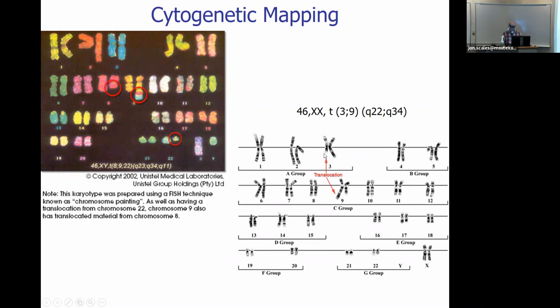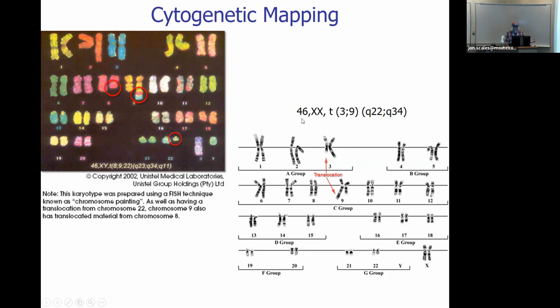So Q22 moved on to the end of 9, which was Q34. But that part is usually not given. Usually you just stop right here with this part right here. Right? That's good enough. So if you see those kinds of things on karyotypes, that's what they're indicating.